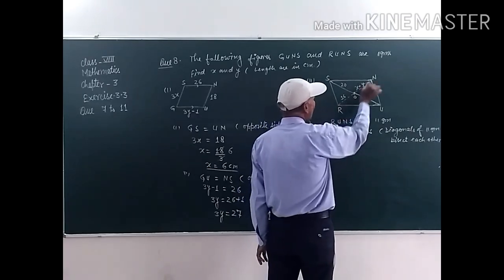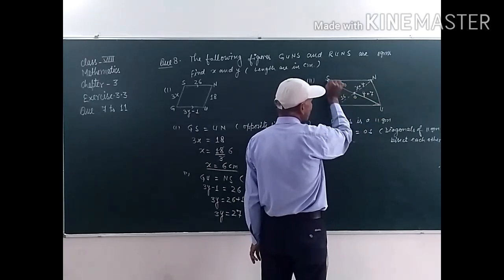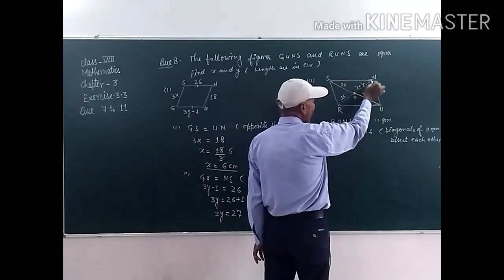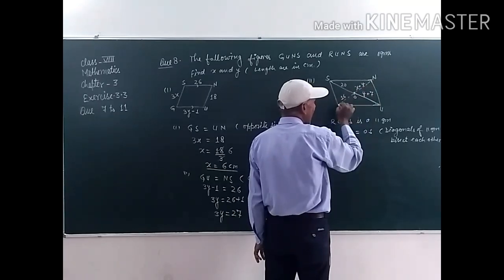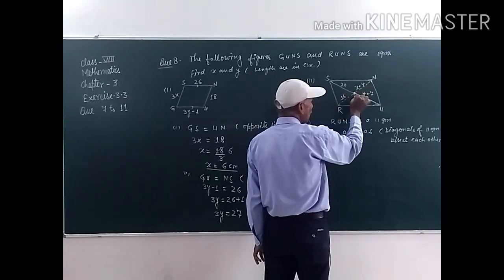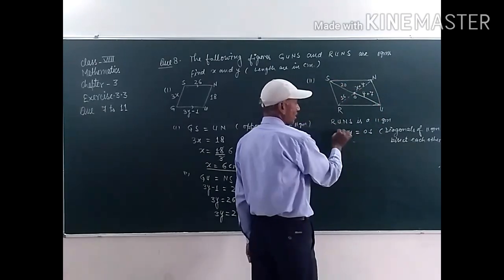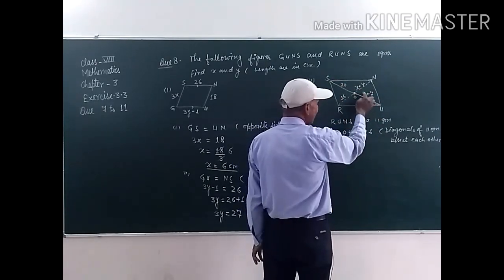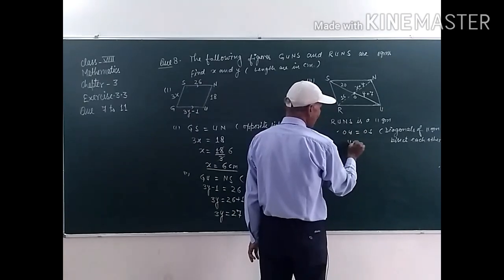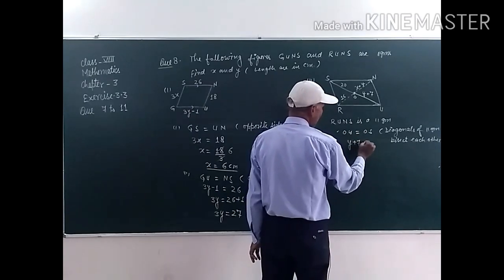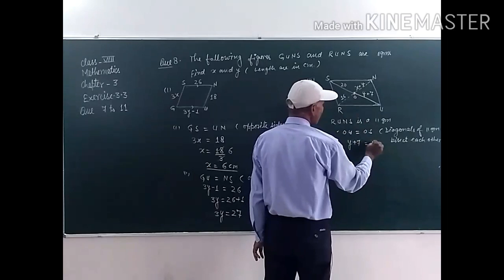Student, this one RN and US, these are two diagonals and they intersect or bisect each other at point O. So OU is equal to OS, this one. So length of OU, that is y plus 7, is equal to OS 20.